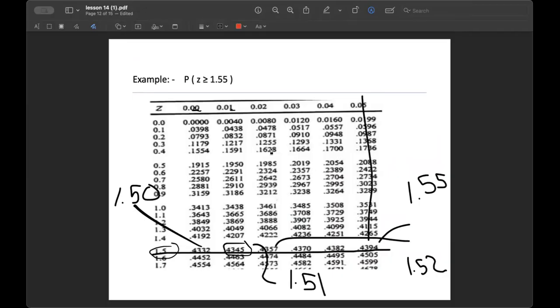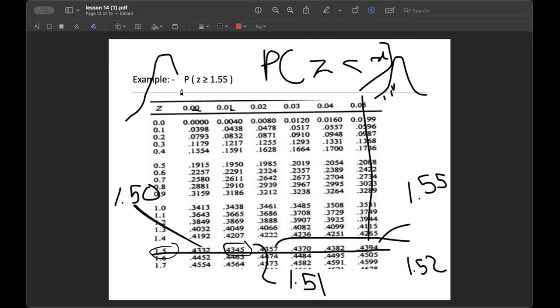Normally, this distribution table gives us the probability of z being less than or equal to x. That means the area they color is always covering from the left side. I don't know whether you understand what I'm saying. When they draw the curve like this, the values for the region they color are always given from the left side.